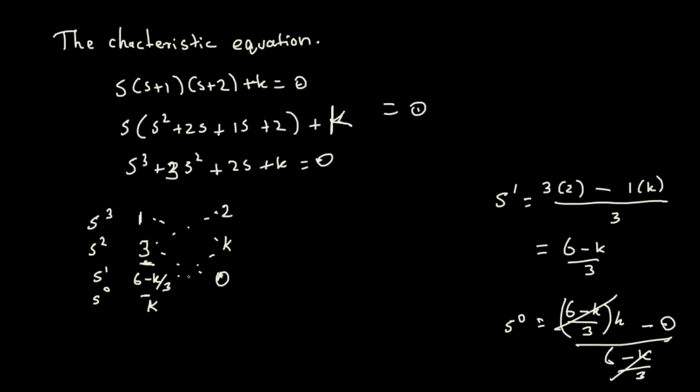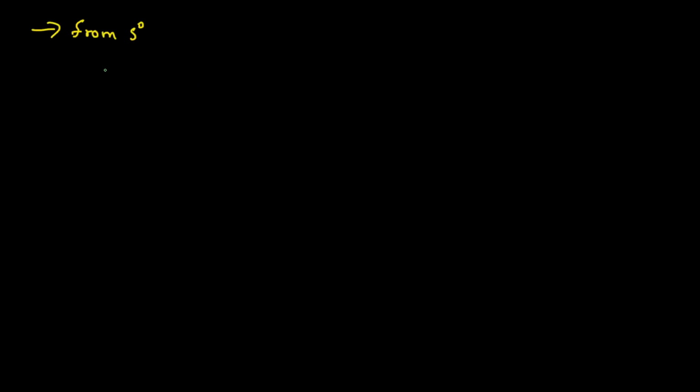In the first case, from s power 0, if you notice, s power 0 is k, it just shouldn't be 0 or below. Other than that, it will have a positive number. So here we can say if k is greater than 0, then the system is stable.